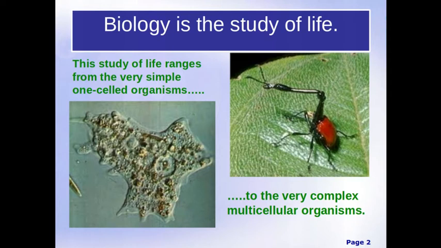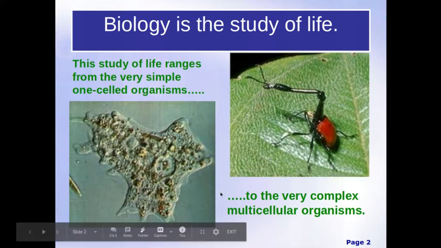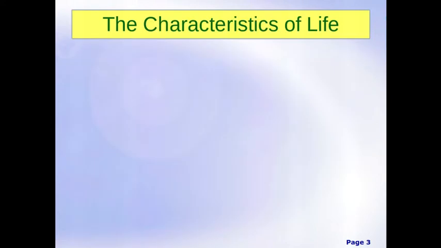This is a giraffe beetle, or even humans would be an example of a multicellular organism. So something that's going to have more than one cell versus our little amoeba or bacteria of some sort over here that is one-celled.